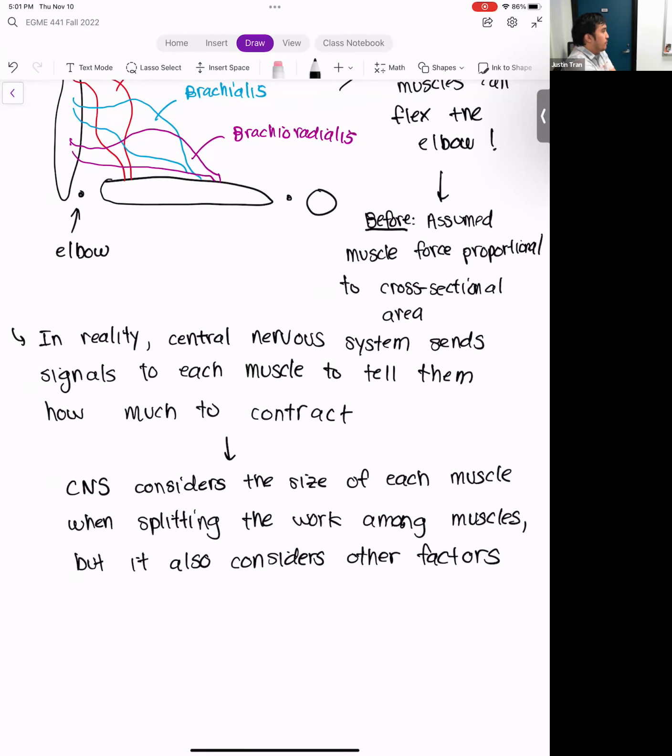And so they're trying to think about, what's the best way. I have this kind of task that I need to do. I need to flex my elbow because we want to. And so they're trying to determine, what's the best way to split the work. And so on the one hand, you have muscles of different sizes, and so you can split the work. That's one consideration that you can use, that some muscles are able to exert more force than others, but there's other factors that they need to consider as well.